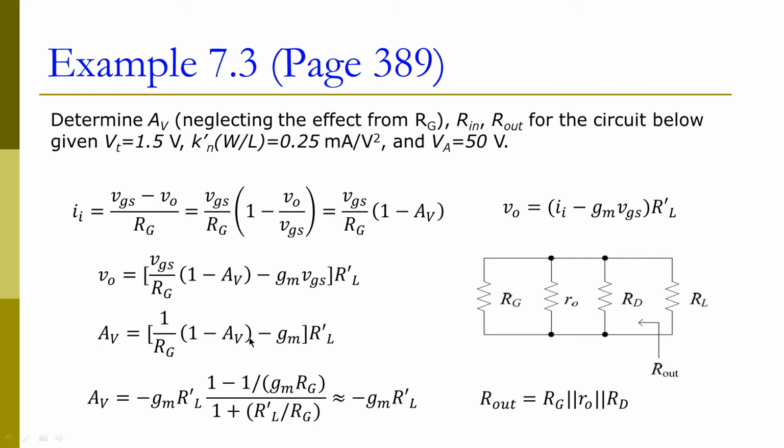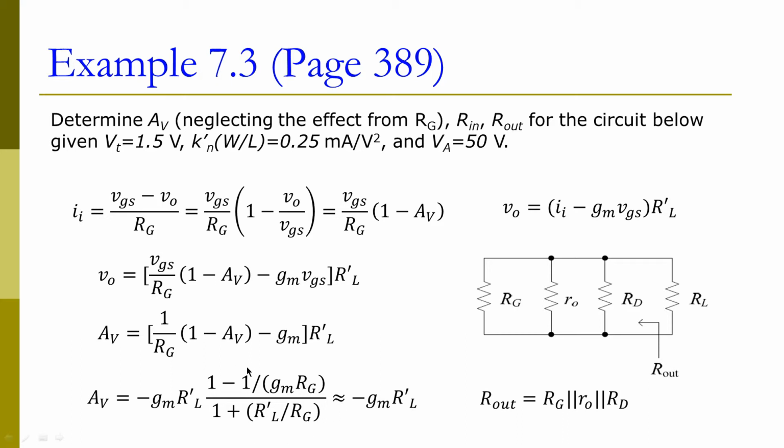Now looking at this formula, if we rewrite it, we obtain our amplifier gain AV. Because Rg is a big value, this term is going to be very small, and this one is also going to be very small.